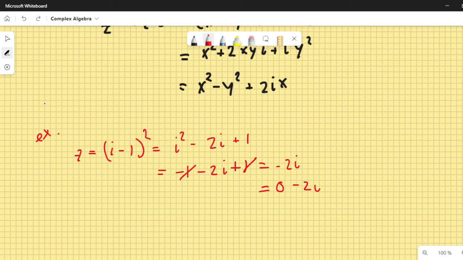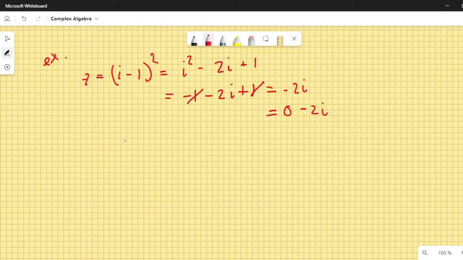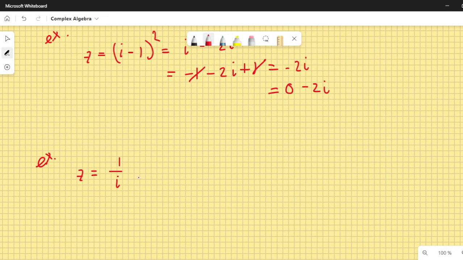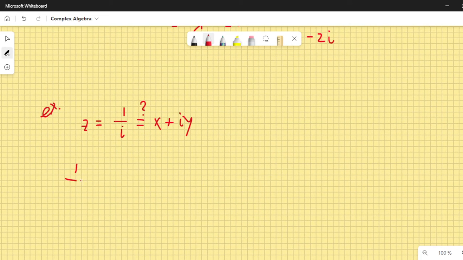Now, another example which is funny and useful for your homework. If c is equal to 1 over i, over the imaginary unit, how do you express this in the x plus iy form? Well, let's agree that 1 over i, if I multiply it by i over i, is the same, because i divided by i is 1.